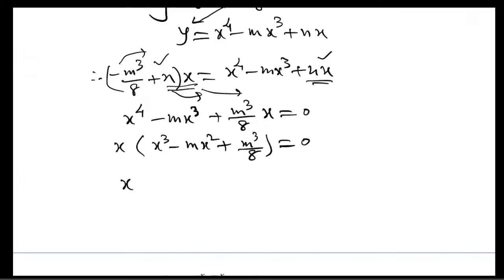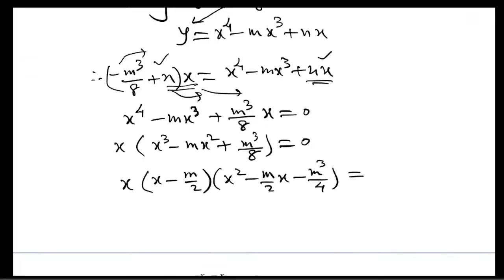So another factor will be x minus m by 2, and the next factor will be x square minus m by 2 x minus m cube by 4. Okay, these are all the factors, right, of this equation is equal to 0. We can write, no problem.